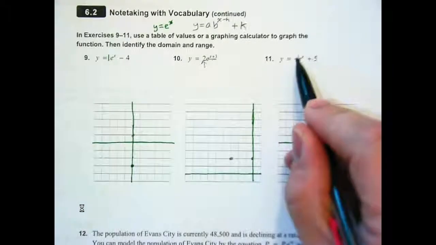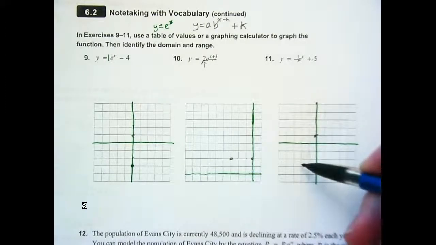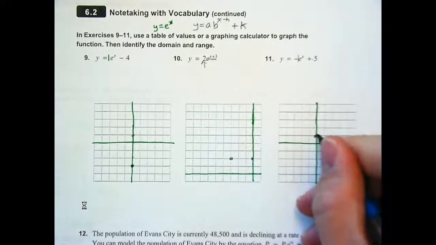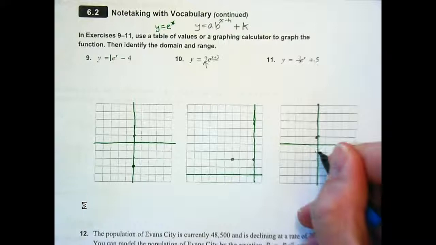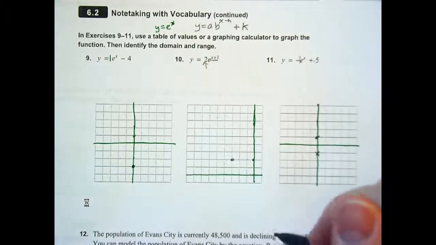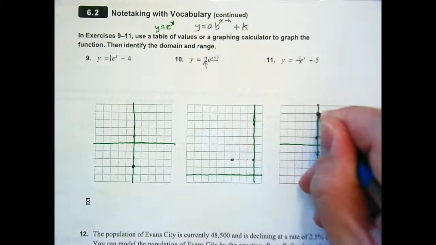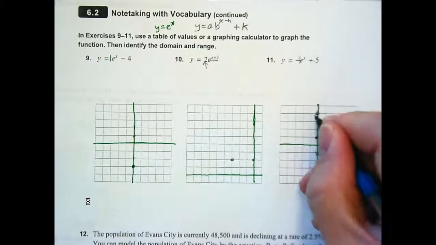That's also a vertical. That's a reflection in the x-axis. So take this and reflect it, and then move it up 5. That is our starting point.